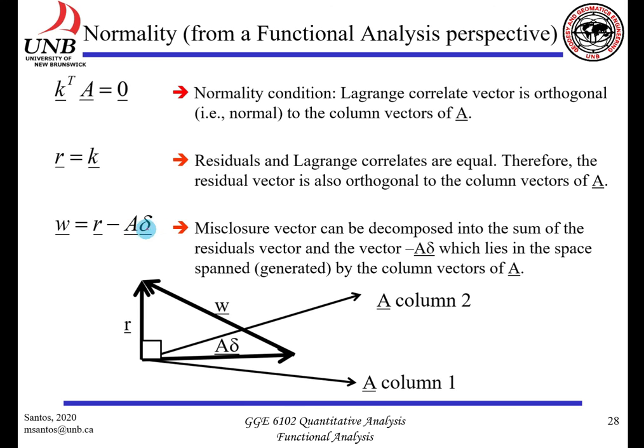So minus A delta, we are multiplying delta by A. This vector lies in the space generated by the column vectors of A. So A delta rests on the space that is spanned by matrix A. And here we have the misclosure vector, and we know that the residual vector is orthogonal to the column vectors of A. So the residuals are normal, which means that we now know what is normal in the normal equations.